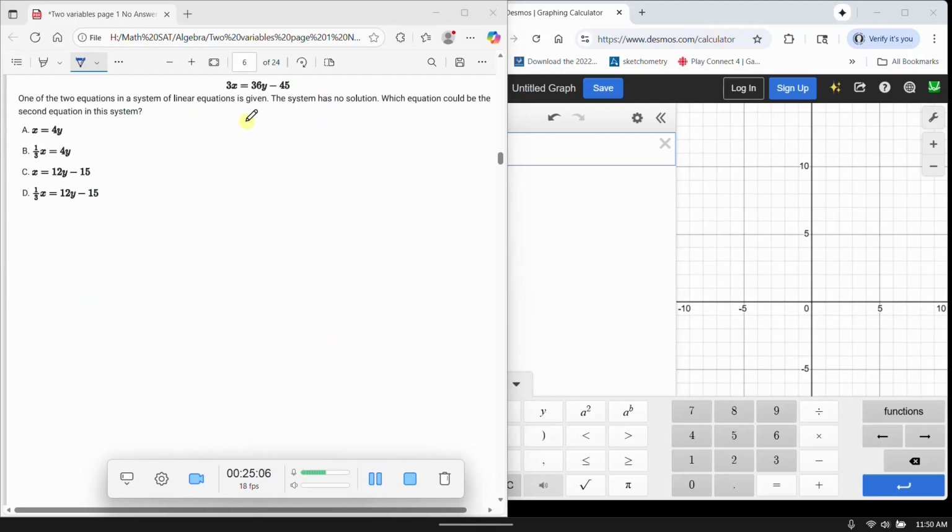So they give you one equation, but then they say one of the two equations in the system. So there is another equation that, combined with this given equation, makes a system of linear equations that has no solutions. Which equation could be the second equation of the system? So think about two straight lines. When you have two straight lines that intersect, that's one point, it has one solution.